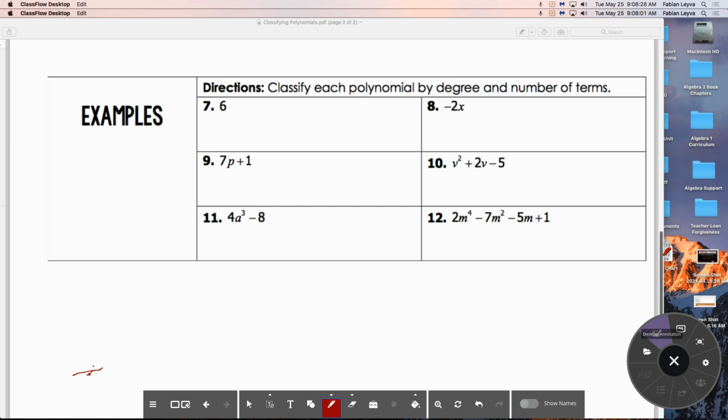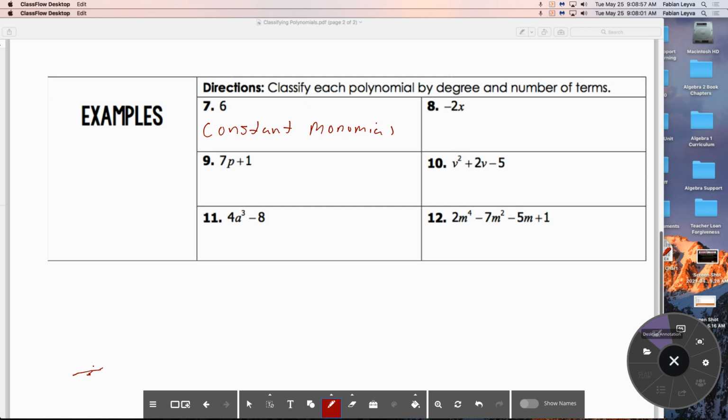So if you have a 0 exponent, what do we call that? A constant. Now, how many terms are getting added here? Technically none, so how many things do you have? 1. So what do we call something with just one term? So this is what is called a constant monomial.